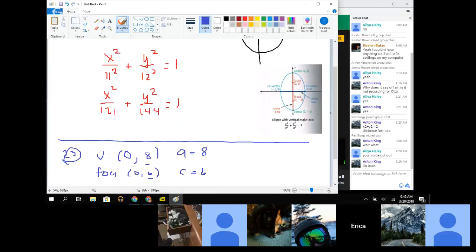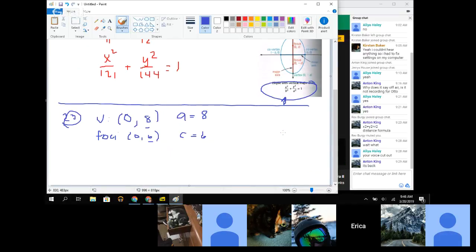So I know what my equation is going to be, but I need to figure out what B is in order to write it. How would I do that? I would use C squared equals A squared minus B squared and plug these in to get 6 squared equals 8 squared minus B squared, solve for B, and then use that in my equation.